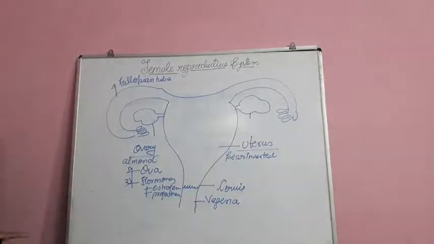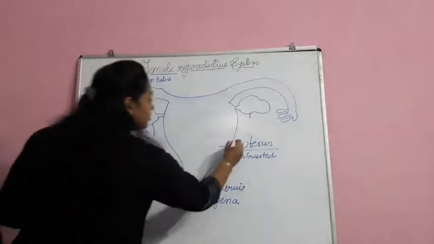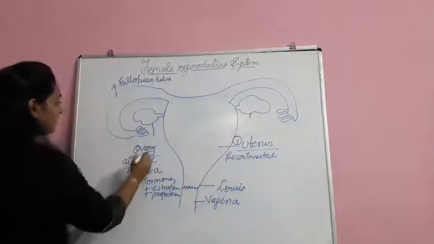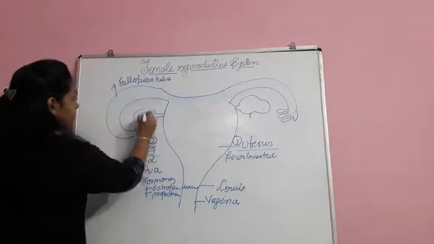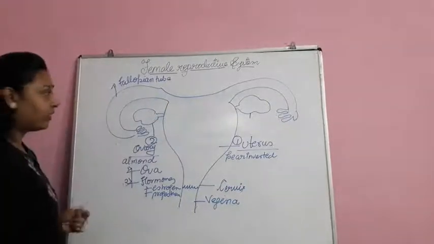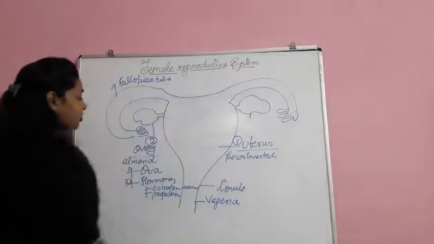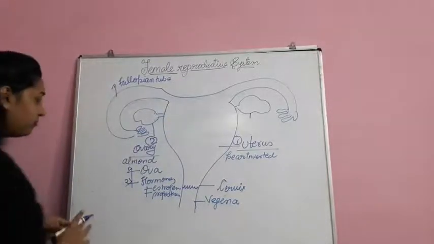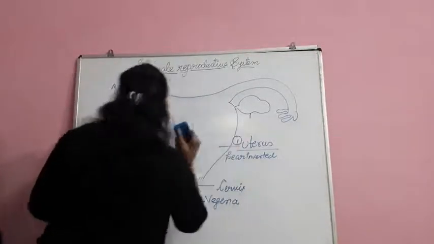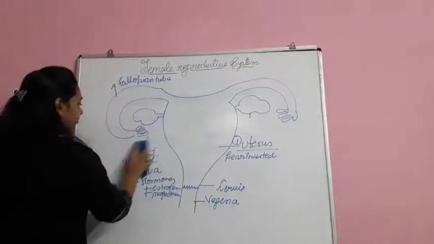So these are the typical parts of the human female reproductive system. You have seen the uterus, the ovary, which is two in number in a pair, and the fallopian tube. Now let us see them one by one. Let's start from the ovary.